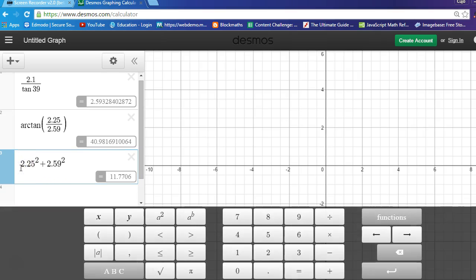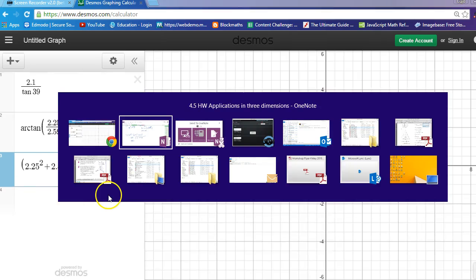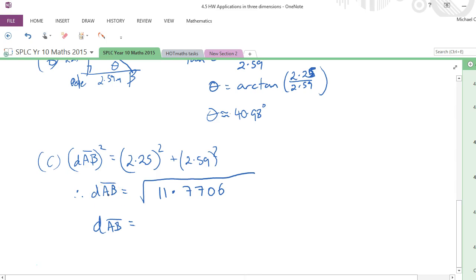I can just go back here and cleverly put brackets around it, but it won't let me do that. Well, that's right, I'll trick them then. The power of 0.5, we know our index laws. Same thing, 3.43. 3.43 metres seems reasonable. So we've got it.